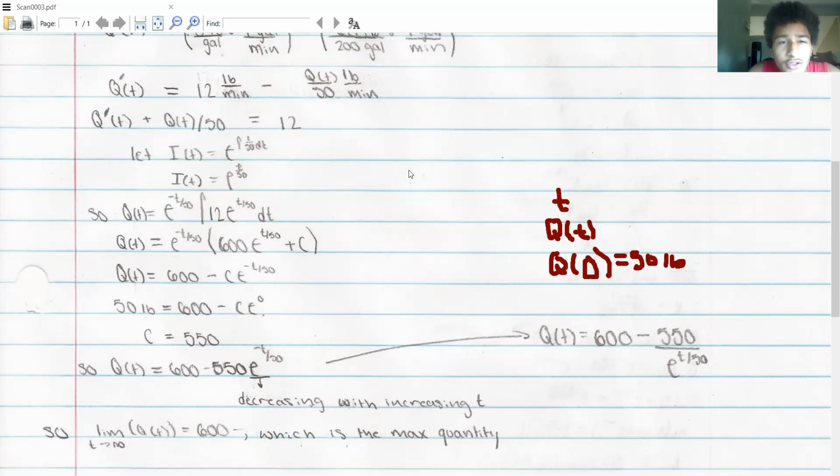So our derivative term, Q prime of t, will be equal to 11 times e to the negative t over 50. Okay, and to find the critical value of this, we want Q prime of t to go to 0.